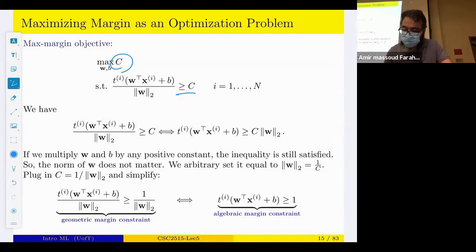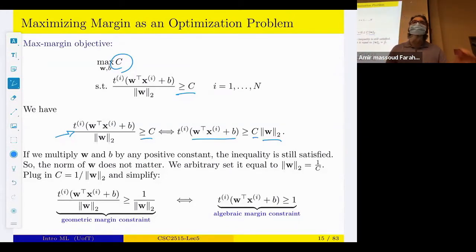Just consider one of the constraints: Ti times (W transpose Xi plus B) divided by the norm of W should be larger than C. I multiply both sides by the norm of W to get Ti times this unnormalized signed distance is larger than C times the norm of W. So this is equivalent.